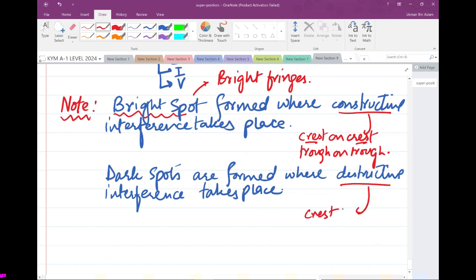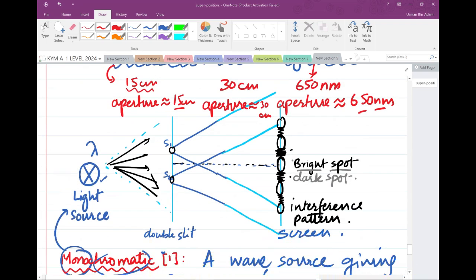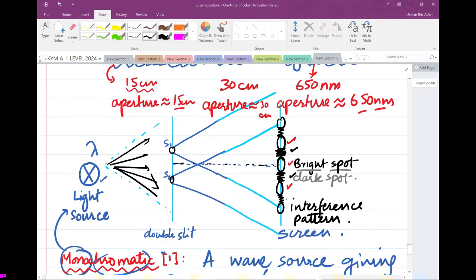Crest falls on trough and vice versa. So on this diagram, wherever I have drawn a bright spot, constructive interference is taking place. And wherever a dark spot is being formed, I'll use black color for that, this portion and this portion and this portion. The dark spots are indicating destructive interference.